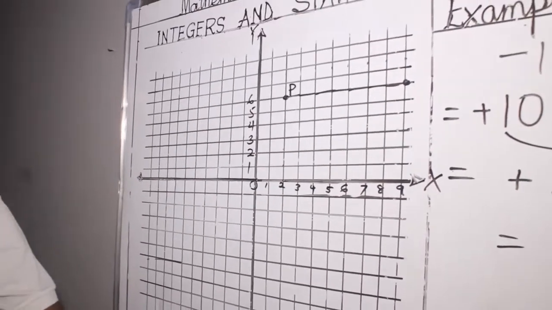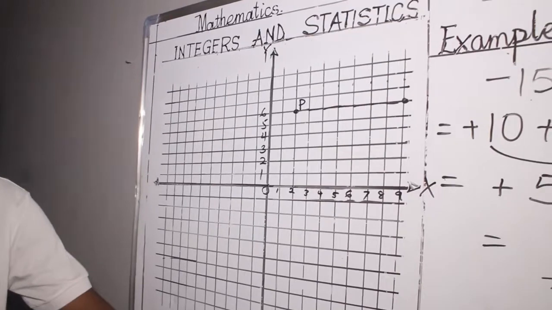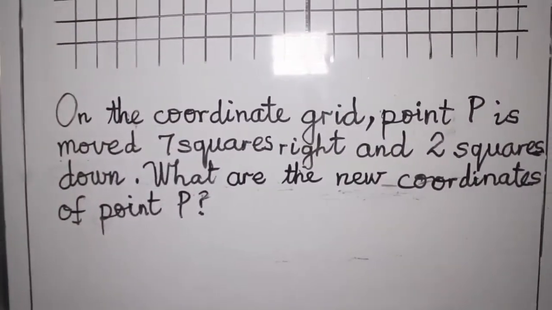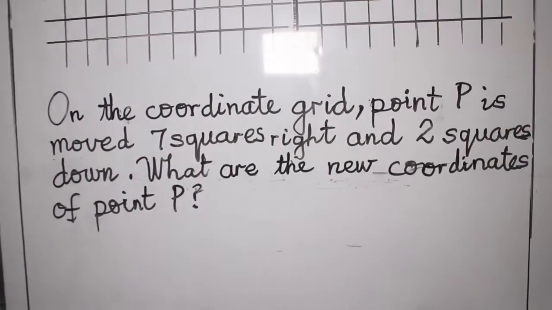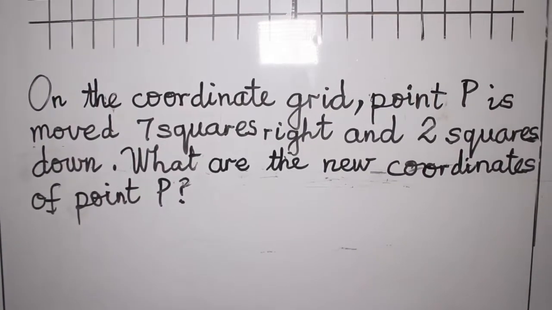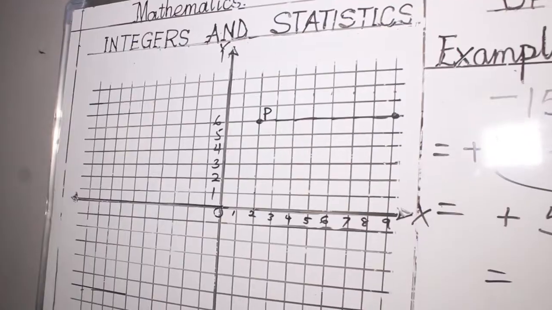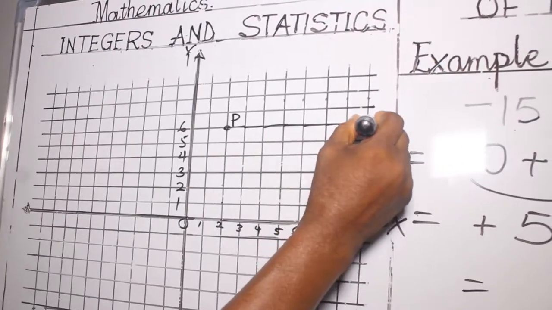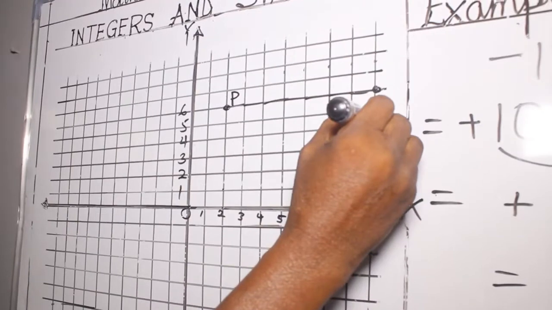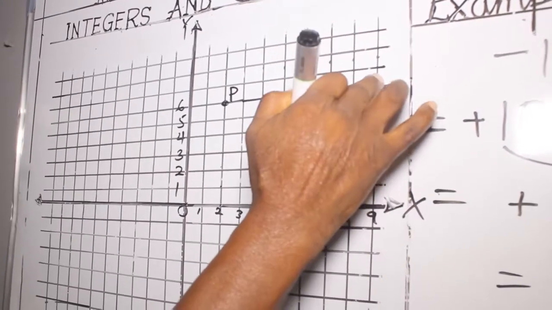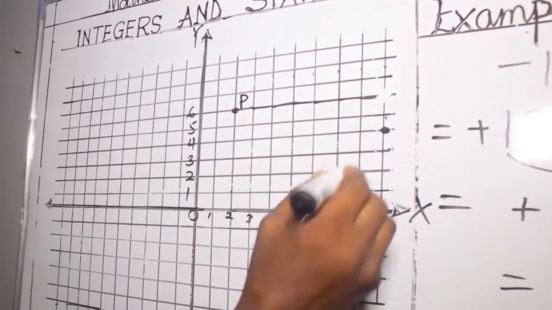It said, and 2 squares down. So we're going to move down by 2 squares. Meaning, from this point we come down 1, 2. And this is our new point. So P is now here.